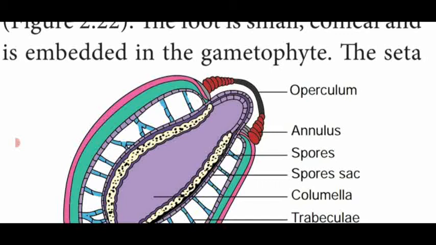The tip of the capsule is made up of the operculum, which acts as a lid to liberate the spores outside. The peristome, located on either side of the operculum, is hygroscopic, absorbing water and helping to liberate the spores outside.